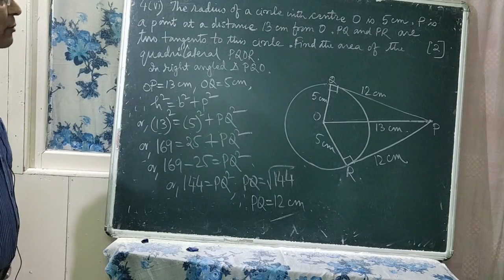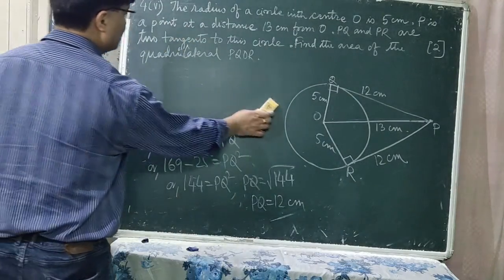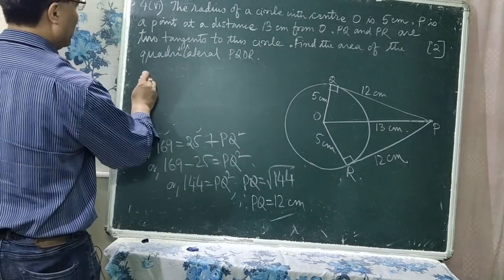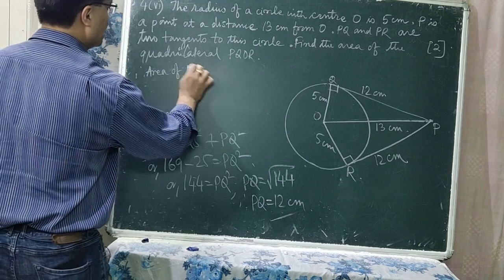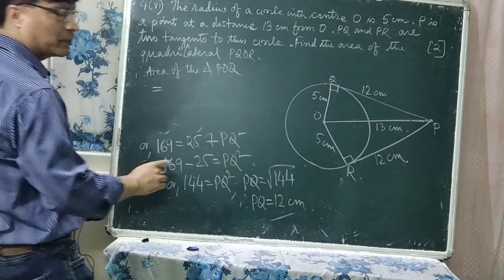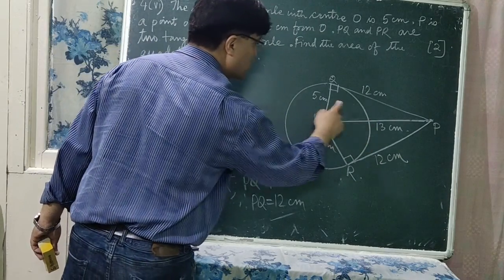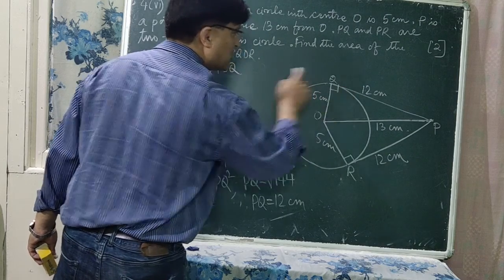So now you can get the area of the triangle POQ. So let us get the area of the triangle POQ now. Therefore, area of the triangle POQ is equal to, so now this is the hypotenuse, this is perpendicular, this is base, or you may take it as base and this as perpendicular.